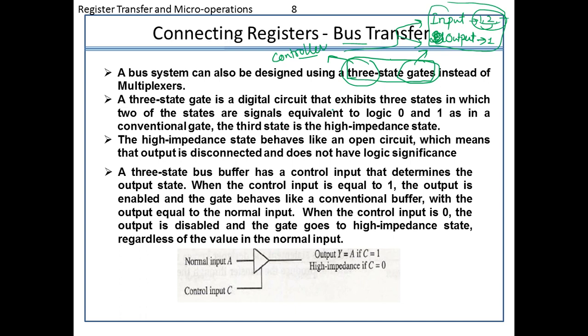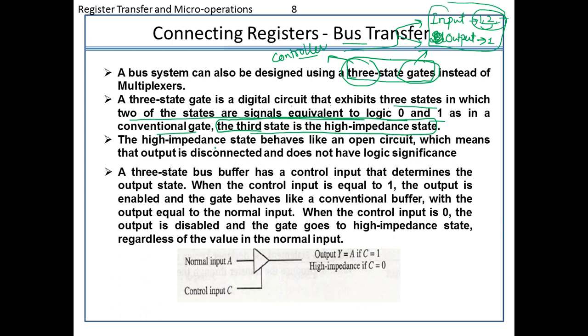So let's understand in more detail. A three-state gate is a digital circuit that exhibits three states, in which two of the states are the signals equivalent to logic 0 and logic 1 only, as in conventional gates. The third state is nothing but the high impedance state, which will restrict the flow of input towards the output.